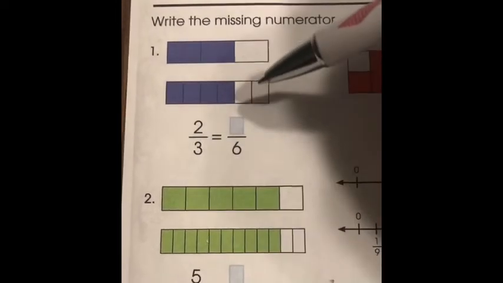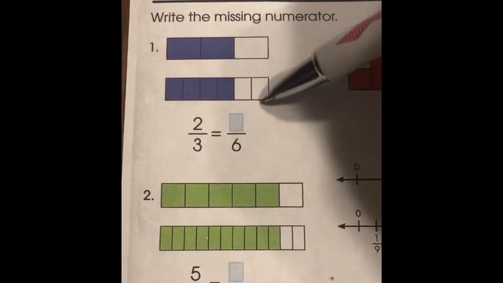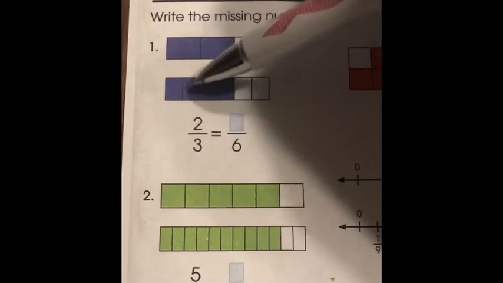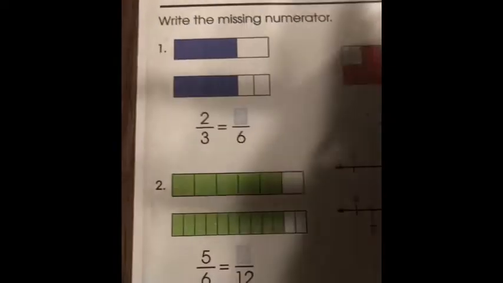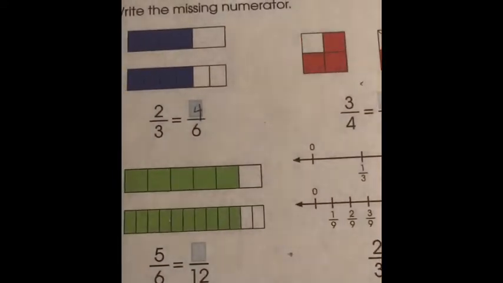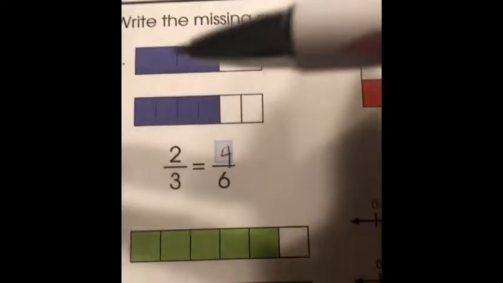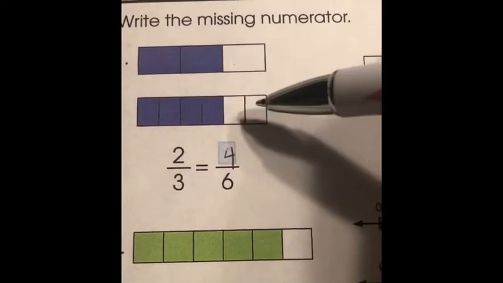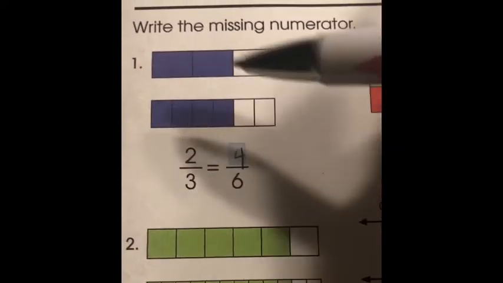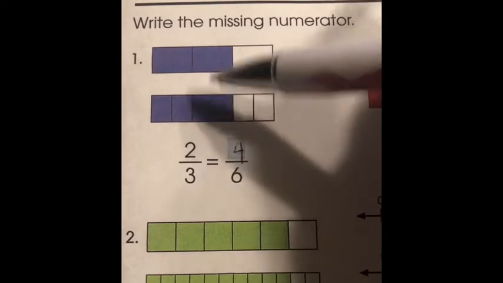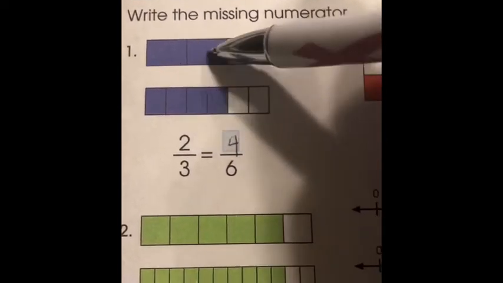And so now we need to count and see how many of these are shaded over the 6. So we have 1, 2, 3, 4. So 4/6 is equivalent to 2/3. You see that it is the same size rectangle and the same space is shaded, so they are equal.